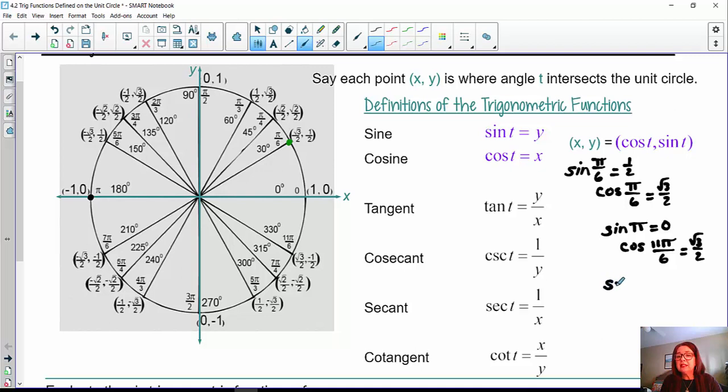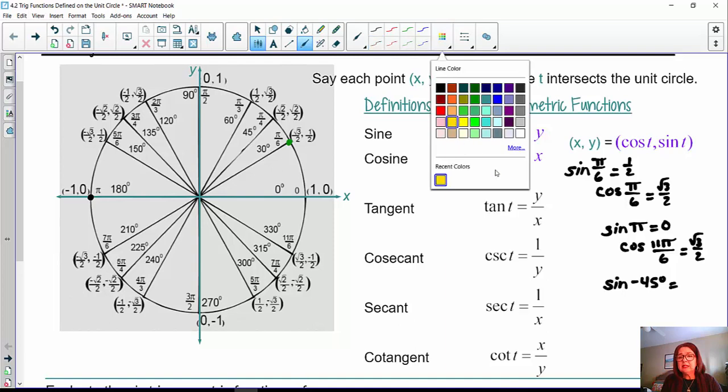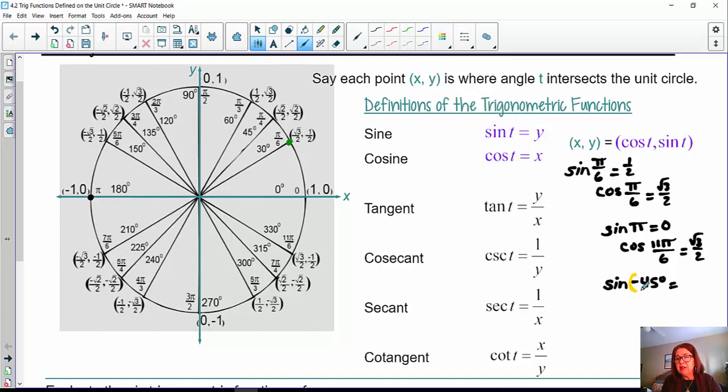Let's say we wanted to look at the sine of negative 45 degrees. Oftentimes you'd see that in parentheses, so I'll include parentheses just to let you know that is typically how you would see it, although if you didn't have them, you would still know that it meant negative 45 degrees. Sorry that my degree sign went away there.